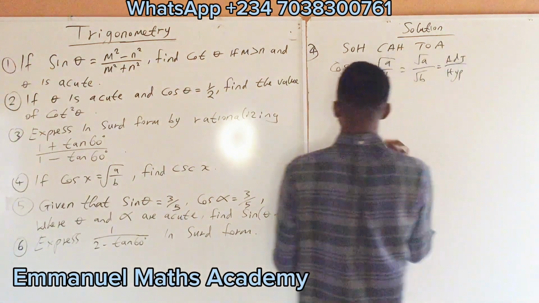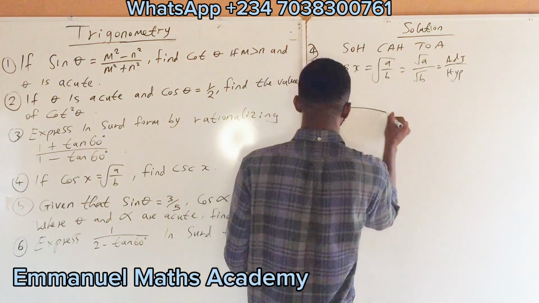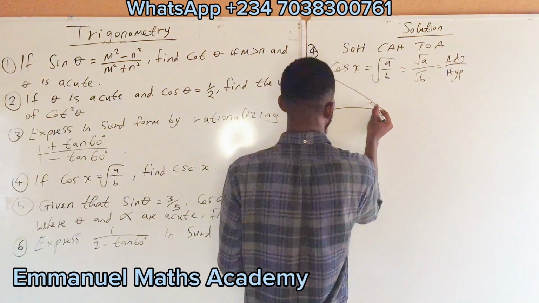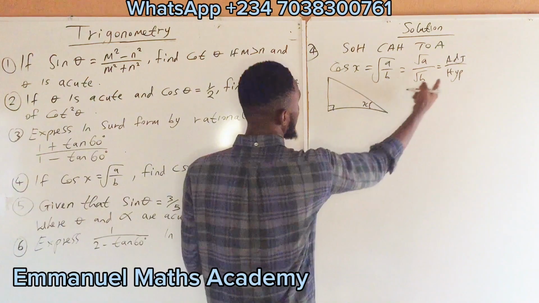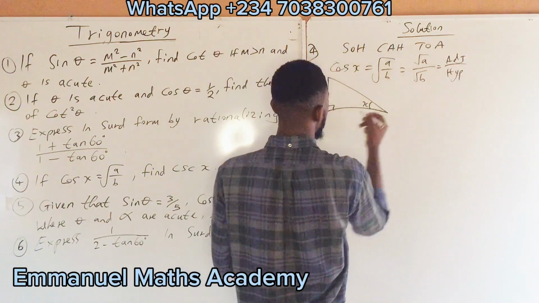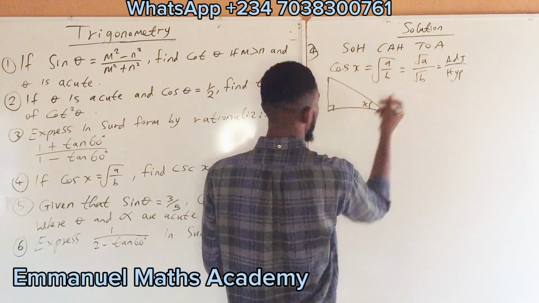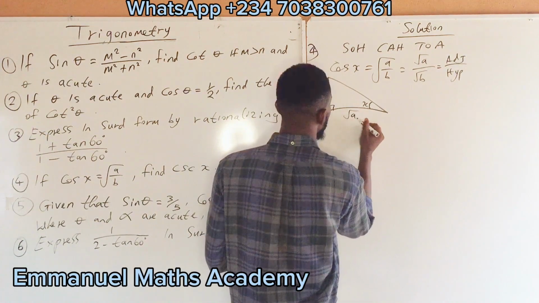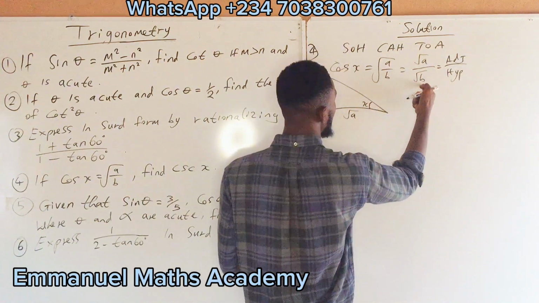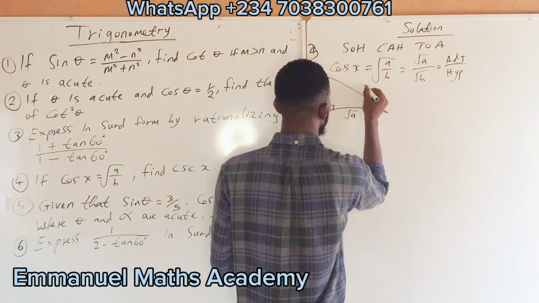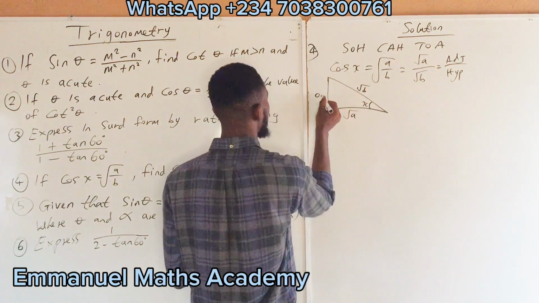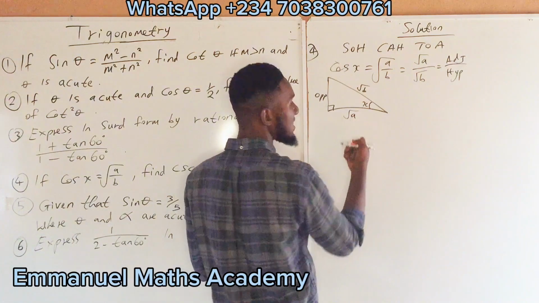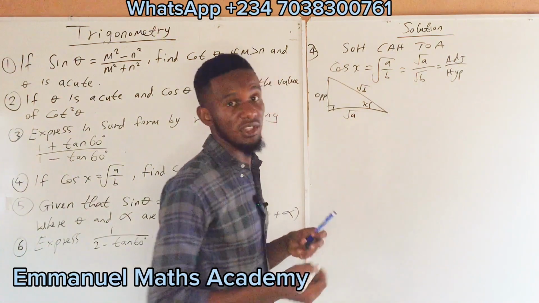Now, from this right angle triangle, this is the angle x, right? Your adjacent is here, and adjacent here will be what? Root a. Hypotenuse here will be what? Root b. Hence, what's our opposite? Our opposite is unknown. We solve using Pythagoras theorem, right?